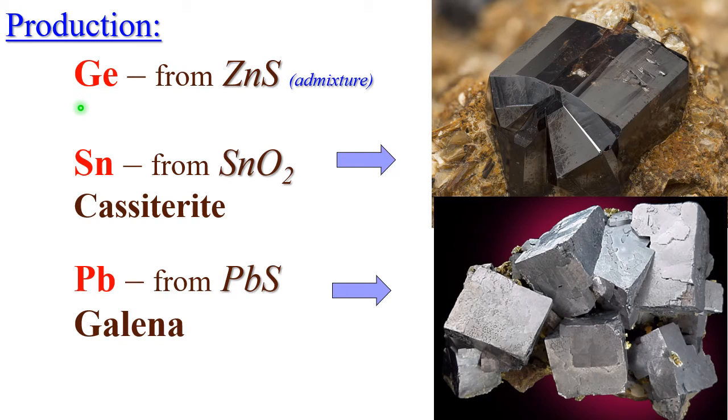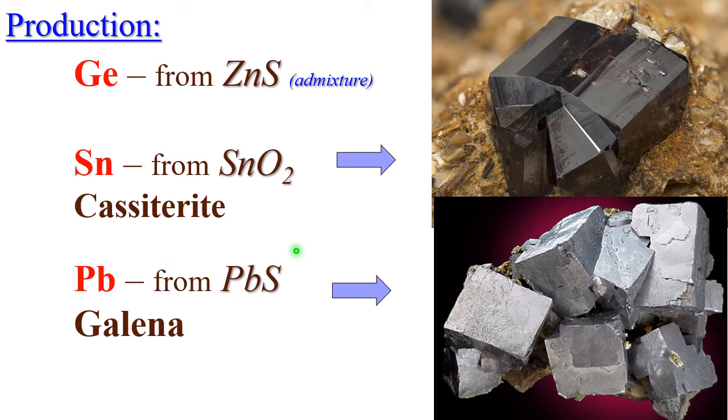Production: germanium is mainly isolated from zinc ores, where it is an admixture. Tin has its own mineral, the most common is cassiterite, tin oxide. Known by the ancients, it was mined for thousands of years.